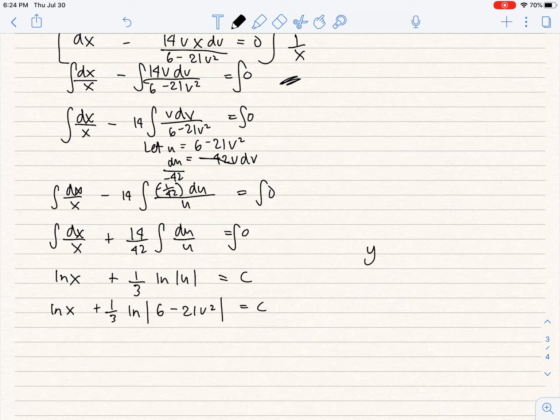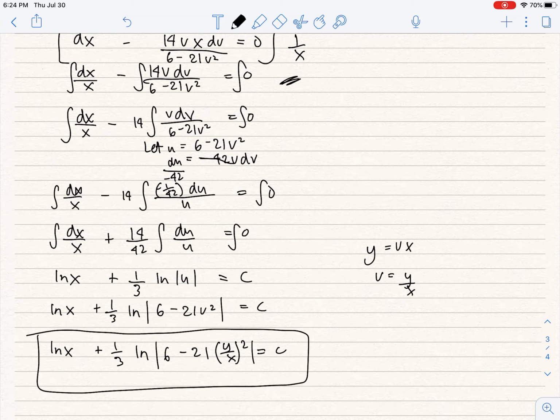Since y is equal to vx, v is just y over x. So this is ln x plus 1/3 ln of 6 minus 21 multiplied by y over x squared, is equal to c. So that's the answer.